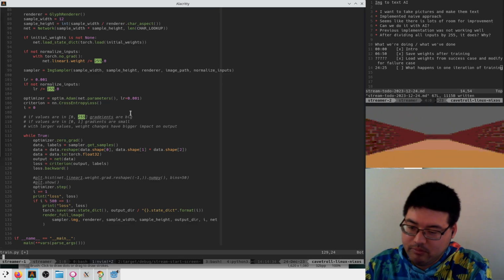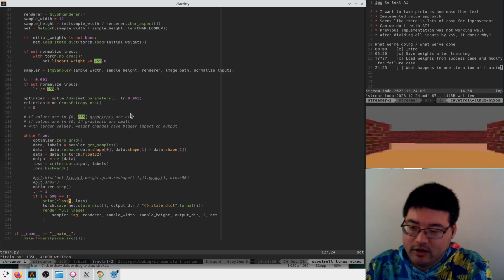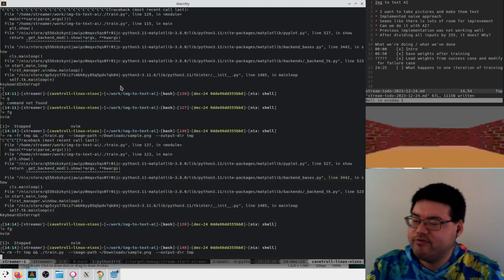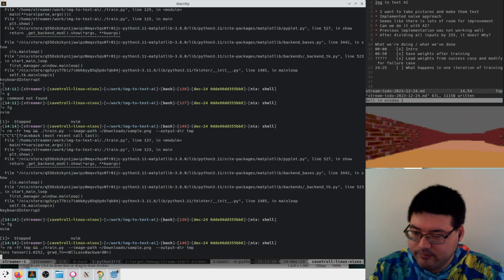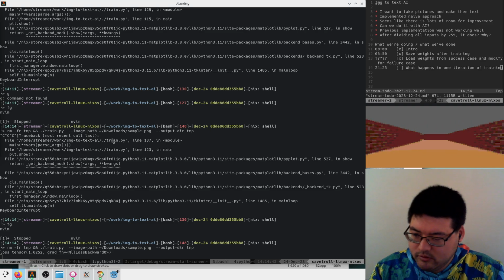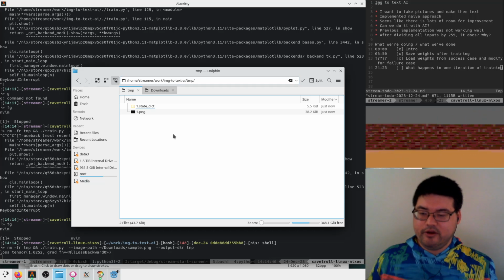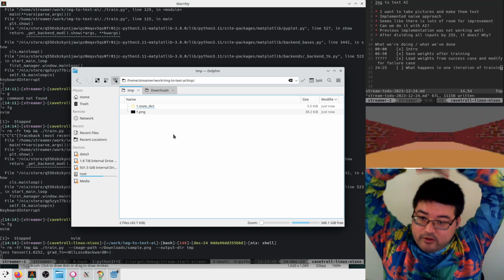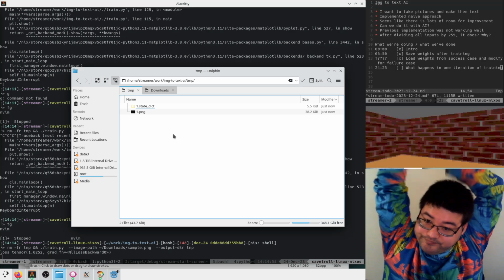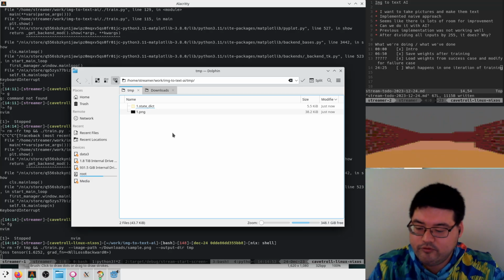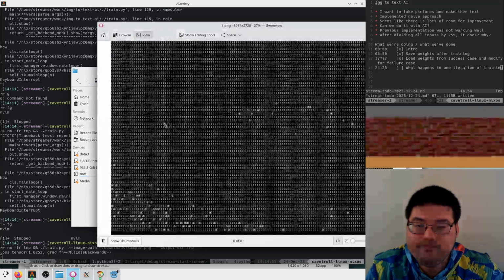Then we print the loss, and we save it. Okay, so let's see if this training gives us something reasonable. We just gotta wait a little bit for a few iterations to go by.